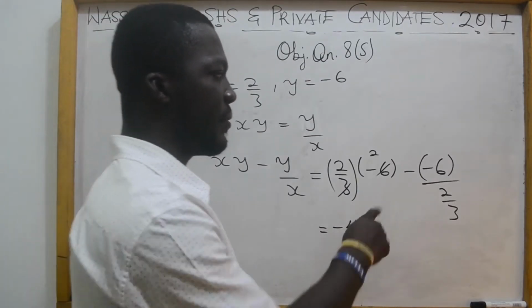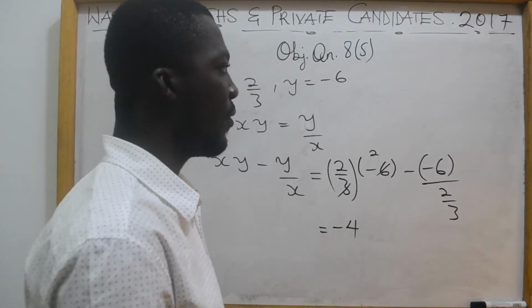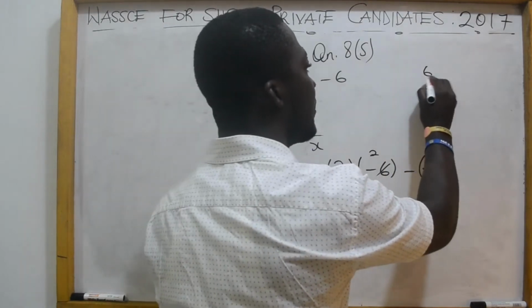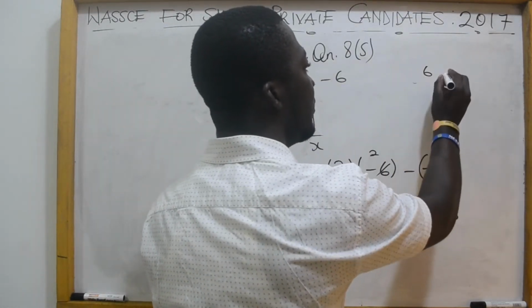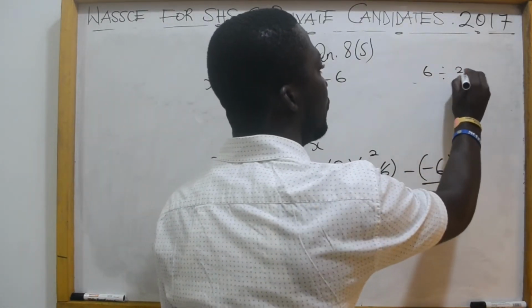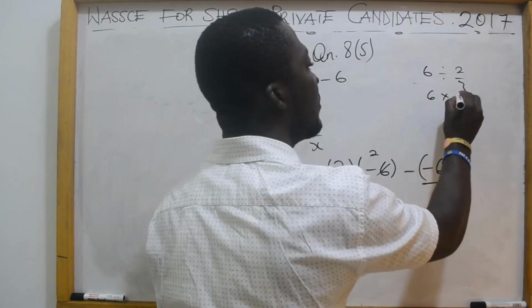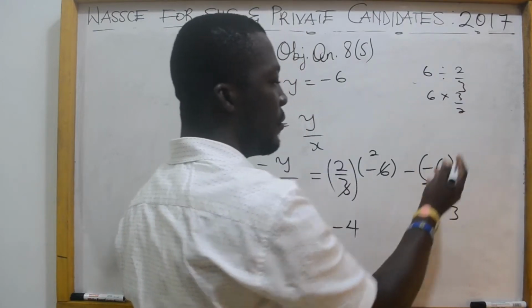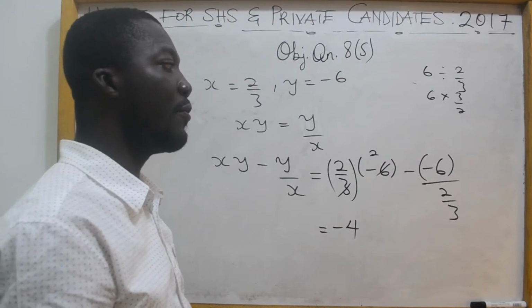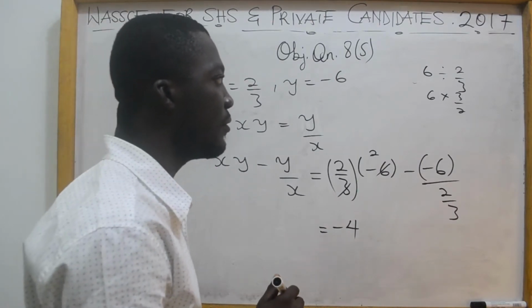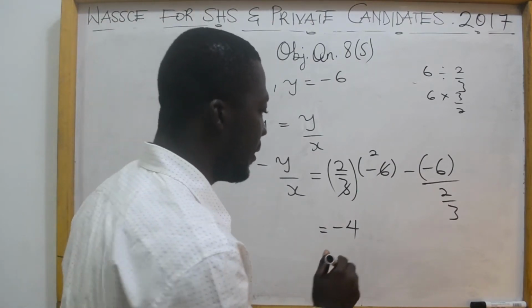And with this expression, we have, it's like we have 6 divided by 2/3, which is 6 times 3/2. So the reciprocal rule will change it. So you are going to get plus.